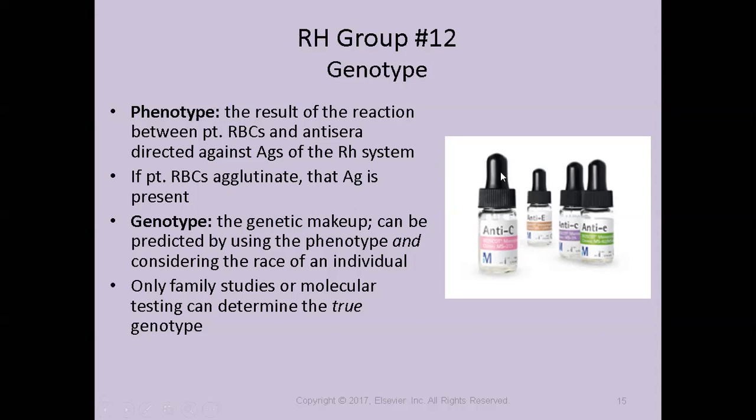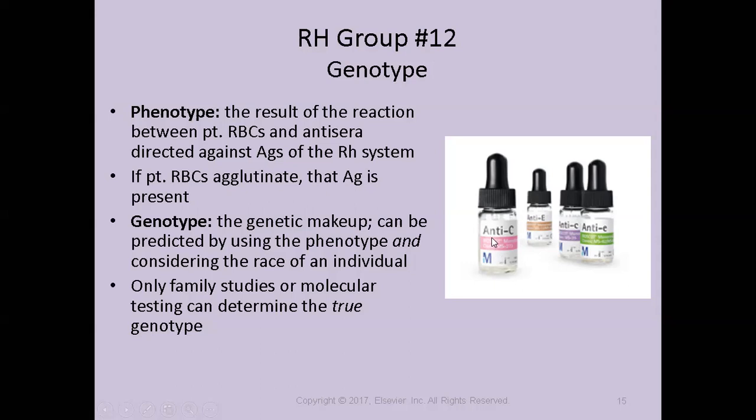And then 1 drop of the patient's 3 to 5% red cell suspension, and we do immediate spin. We centrifuge and reread. Now these reactions can be weaker. So sometimes they're going to be 1+ or 2+. They're not always going to be a 4+ like the ABO and D reactions. But when we get agglutination, it basically means that this person has that antigen on their red cells, okay?